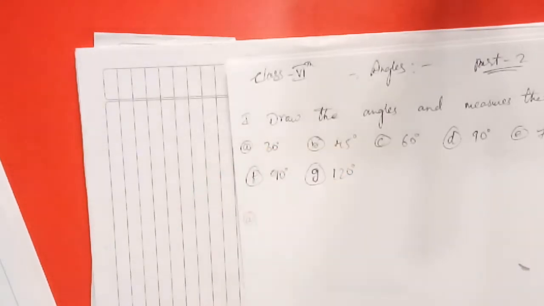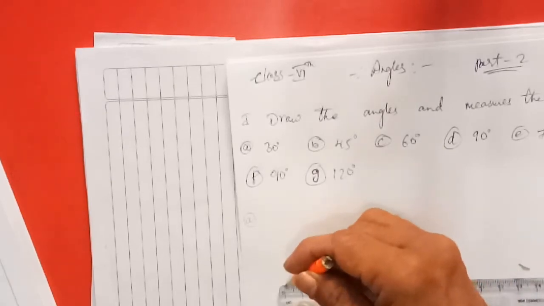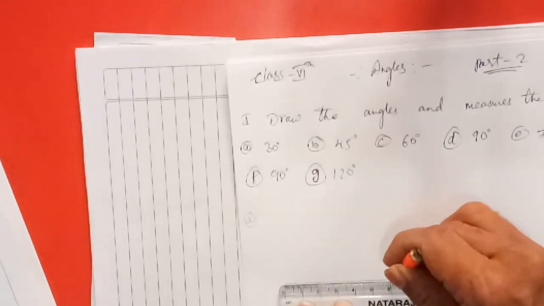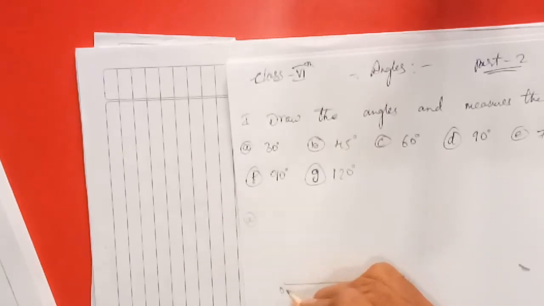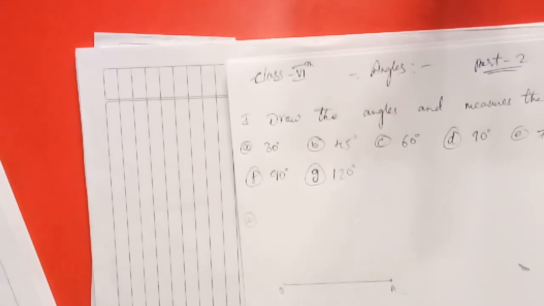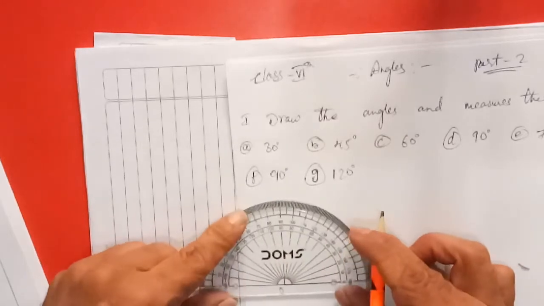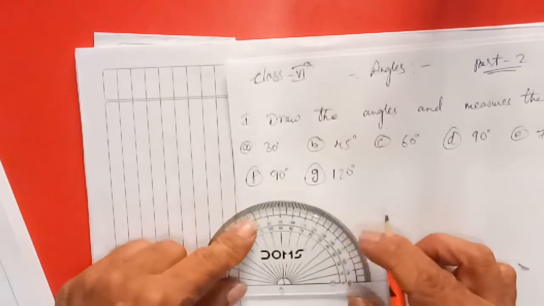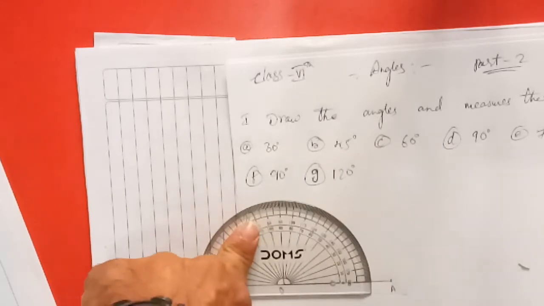Okay, now you see, I will draw it here. An exact line, 6 centimeter you have to draw. After that, give names. This is O, and we can give B and A, no problem. After that, take the protractor, and keep the half center of the protractor on the baseline.